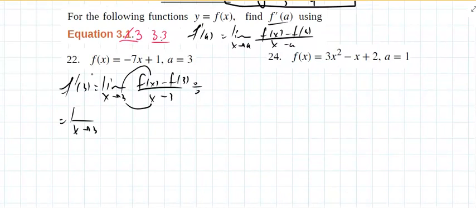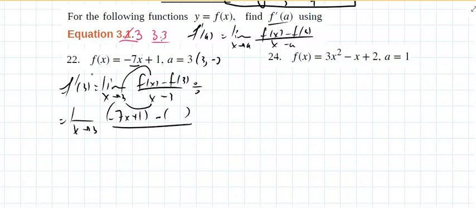Limit as x approaches 3. F of x is negative 7x plus 1 minus f of 3. If you put a 3 in there, what do you get? You get negative 21 plus 1, which is negative 20. And you'll notice this will be easier for many problems. And again, when we get to the next chapter, I'll show you how you could get around and use this all the time if you wish.